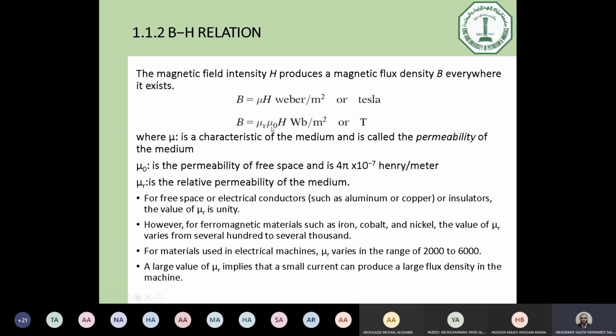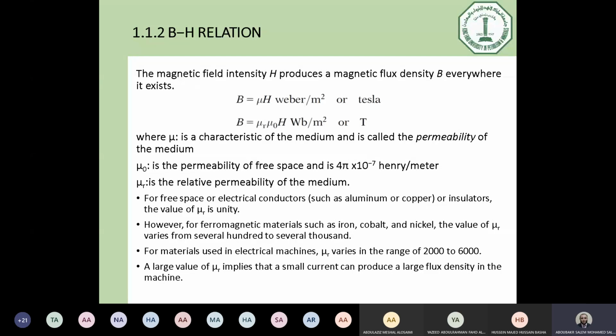First is mu naught, which means absolute permeability, the permeability of free space or air. So if the medium of transferring the flux is air, mu will equal mu naught, and the value of mu naught is 4 pi multiplied by 10 to the power minus 7. So this is the value of absolute permeability.